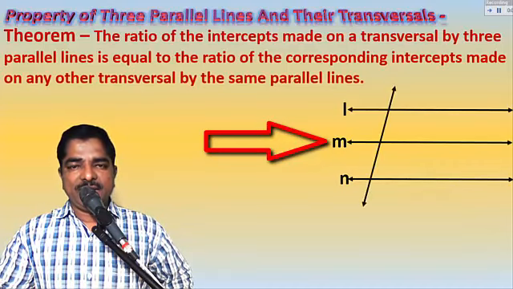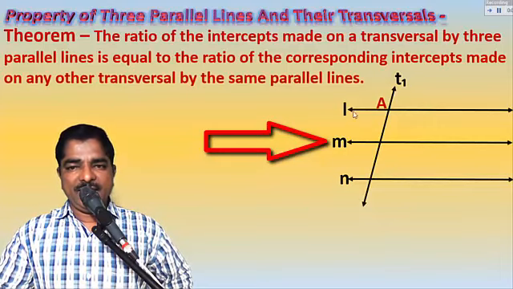Then we draw one transversal, T1, which intersects line L in point A, line M in point B, and line N in point C.